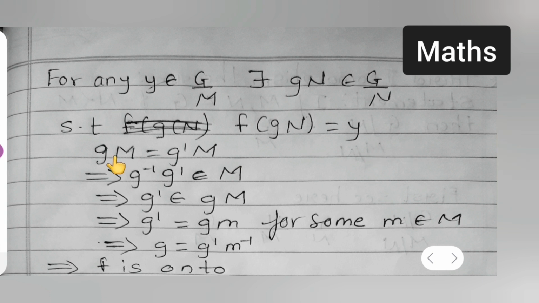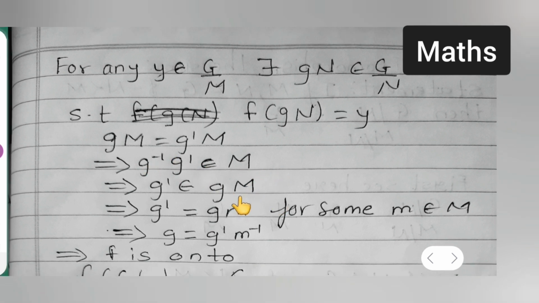Now gM is equal to g'M. This implies that g inverse g' belongs to M. It implies g' belongs to gM. What I have done over here is I have taken g inverse to the other side, so it will become positive, the inverse will go.